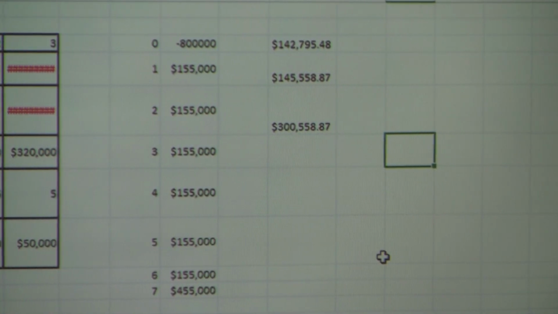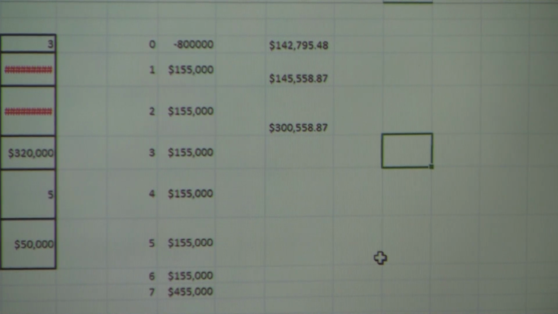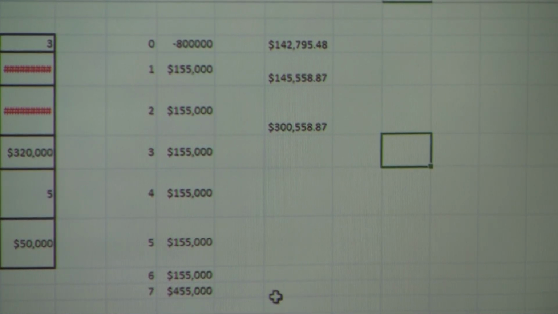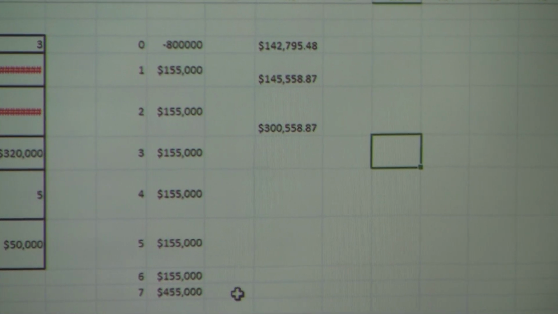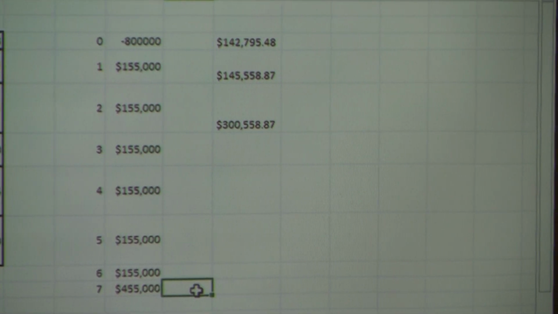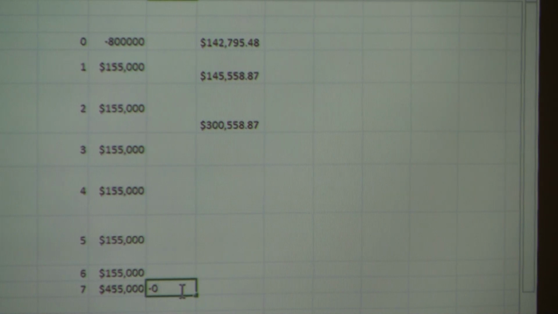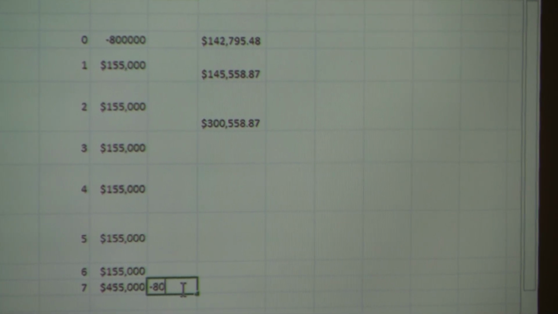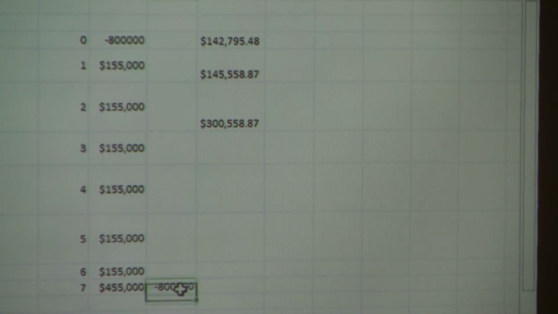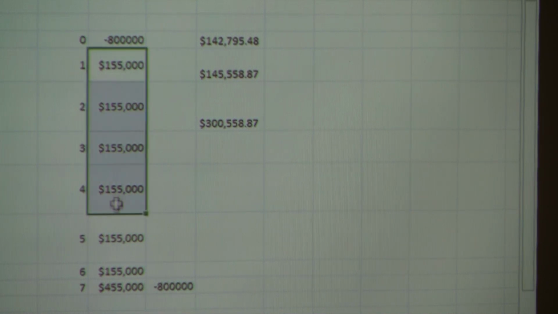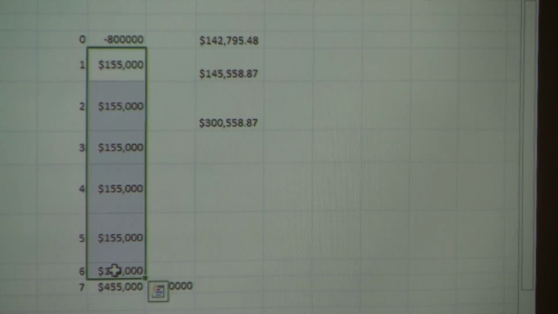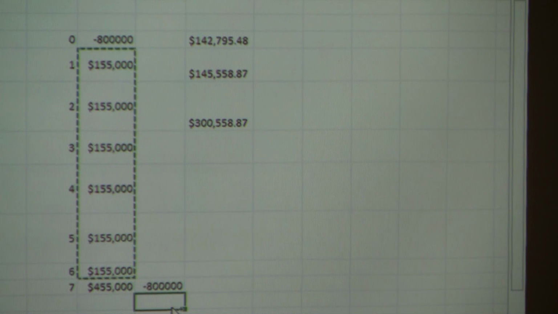Now I have the annual worth of this project. If I assume repeatability, that means I need to buy another machine right here, and I start the whole process all over again.